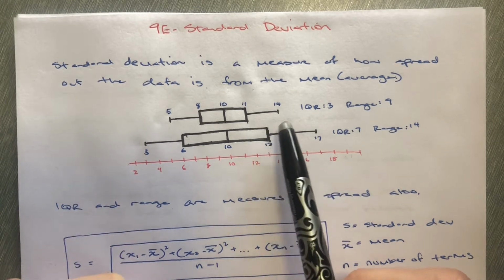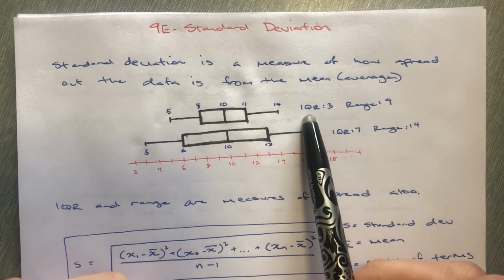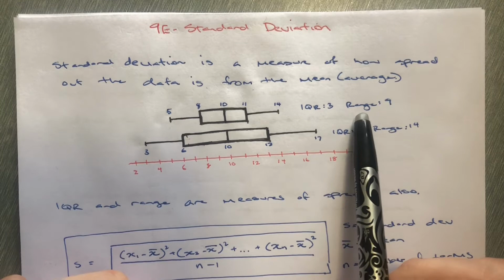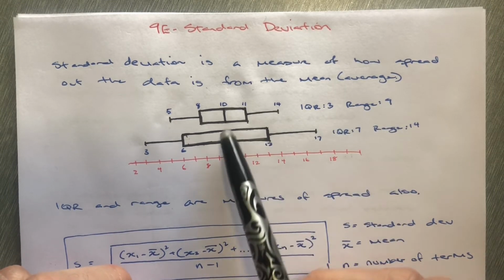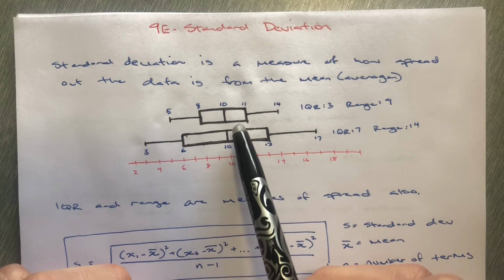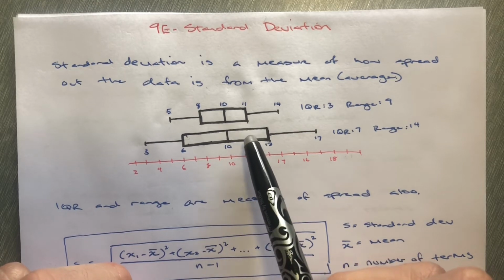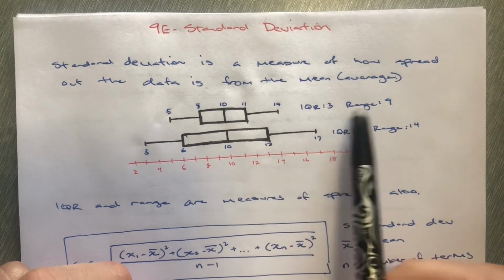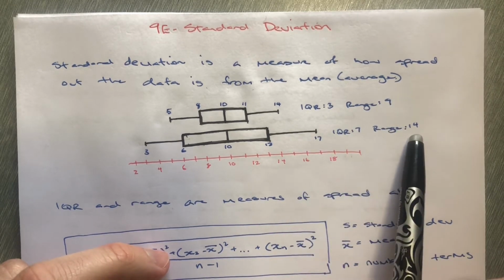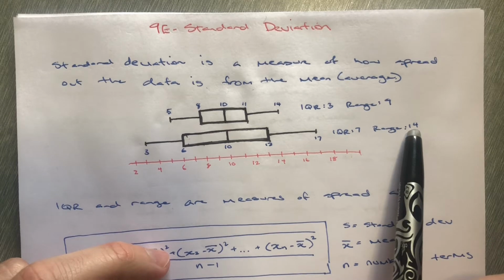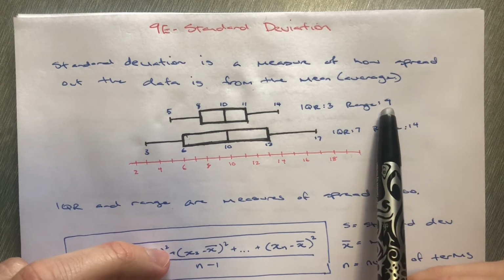Now we've looked at things like the interquartile range and the range, which tell us how spread out everything is. So if you look at these two box plots here, we can already see that one's more spread than the other one. This one here has a range of 9, where this one here, which is more spread out, has a range of 14. So that number 14 shows that it's more spread out than this one.